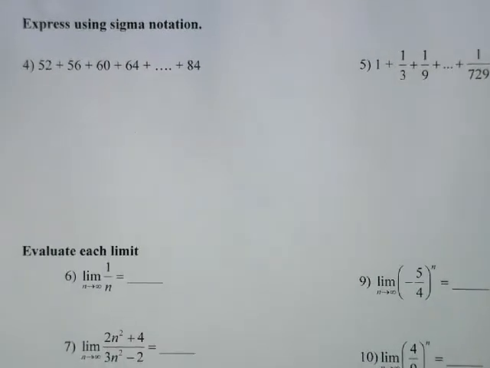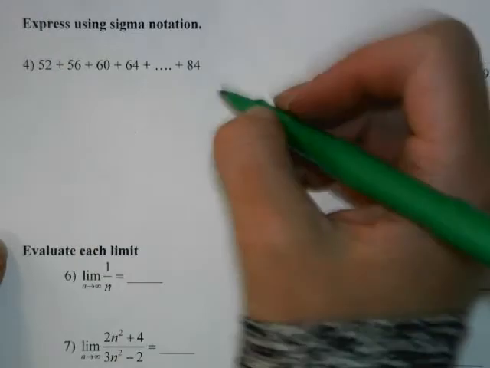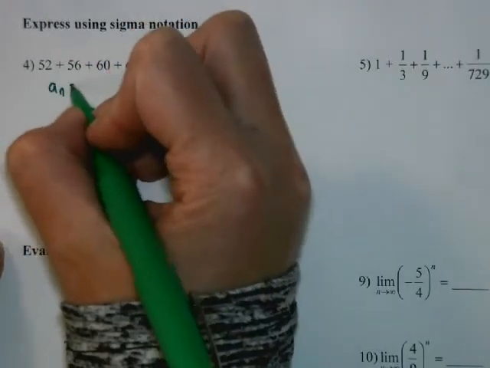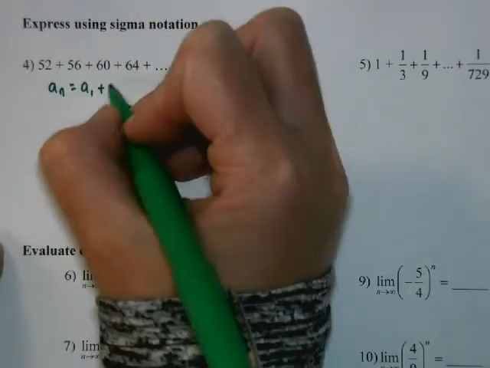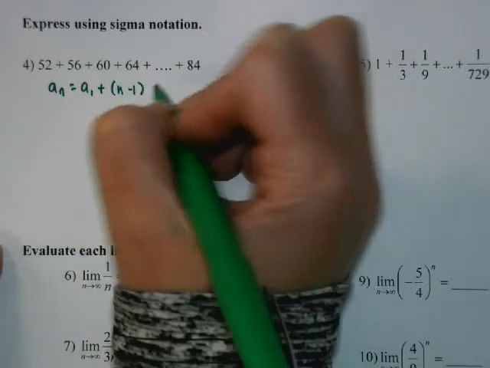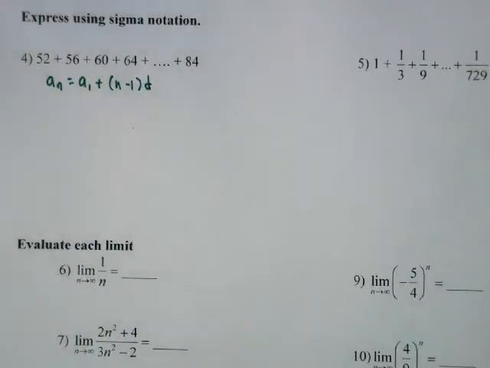The next questions we're going the other direction. Okay, we're going to write this in sigma notation, and a useful tool is our nth term formulas for arithmetic and geometric. So this one is arithmetic, so the nth term formula is that. So I can plug in the particulars here.